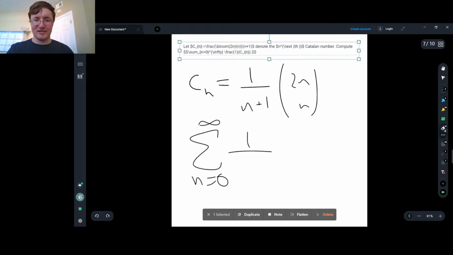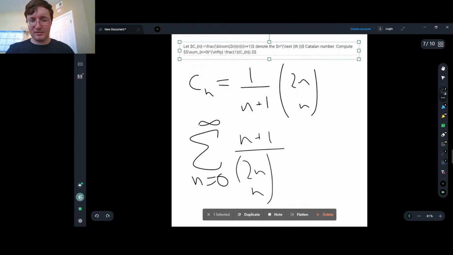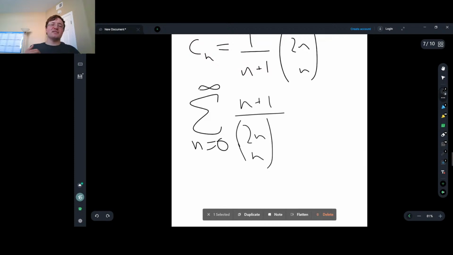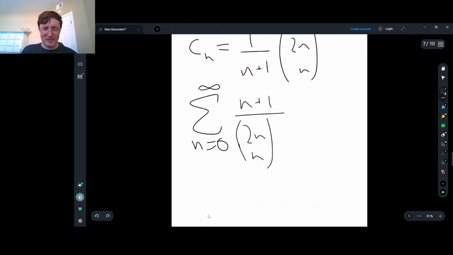So that's going to be n plus 1 over 2n choose n. I know that if you have 2n choose n in the denominator, you can get a nice power series out of that, but I don't know offhand what it is.